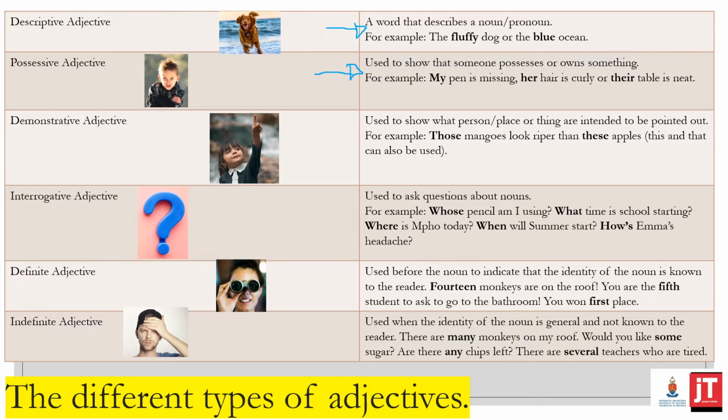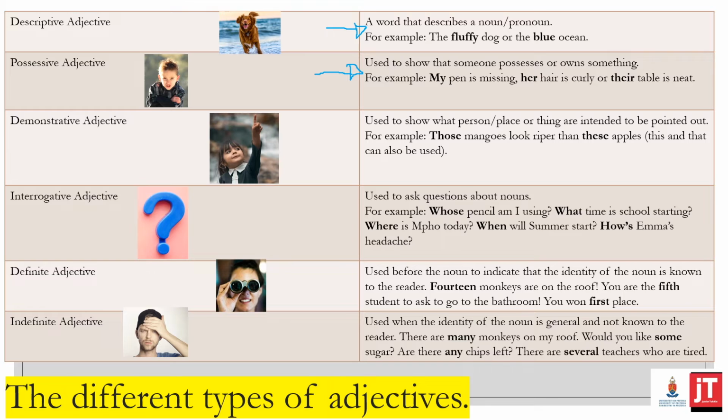It's showing the noun in relation to someone else, and hence it is describing it a bit better. It's not just anybody's hair, it's her hair. And then suddenly we get a better picture of it, especially if we know who she is. So possessive adjectives are used to show that someone possesses or owns something.